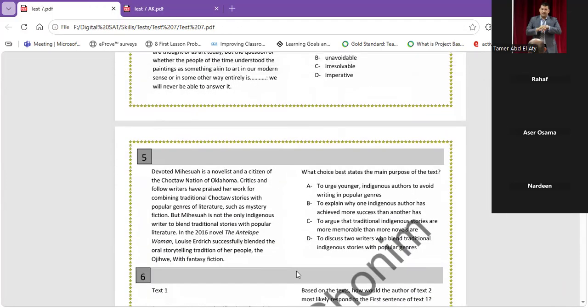Number 5, right now we move to another skill. Main purpose. Write the answer, please.